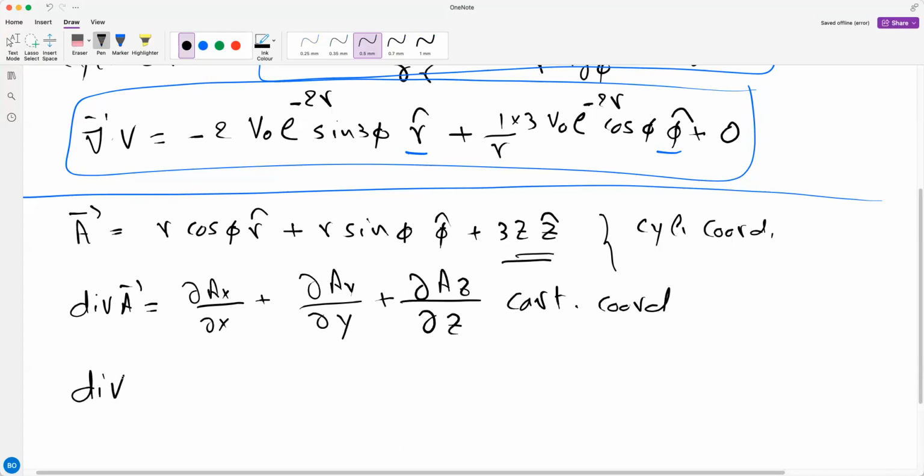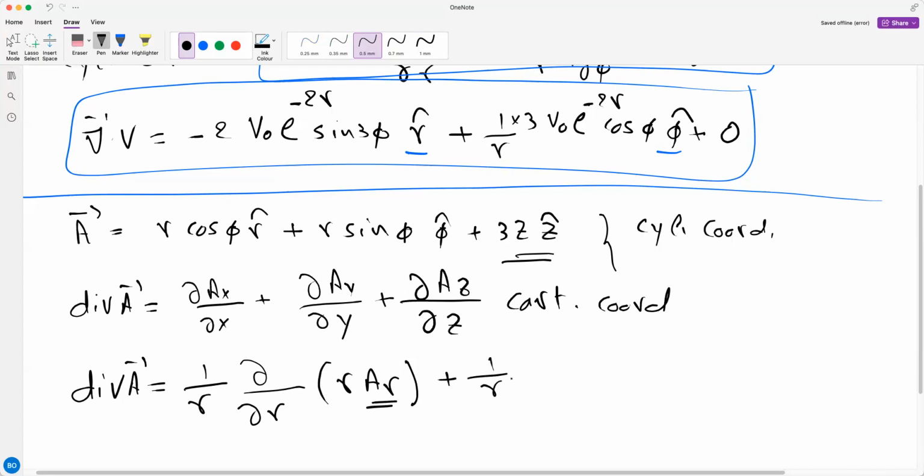So the divergence of vector A in cylindrical coordinates is 1 over r, the derivative with respect to r of r times Ar, where Ar is the component along r, plus 1 over r, the derivative of the phi component with respect to phi, plus the derivative of the component along z with respect to z.